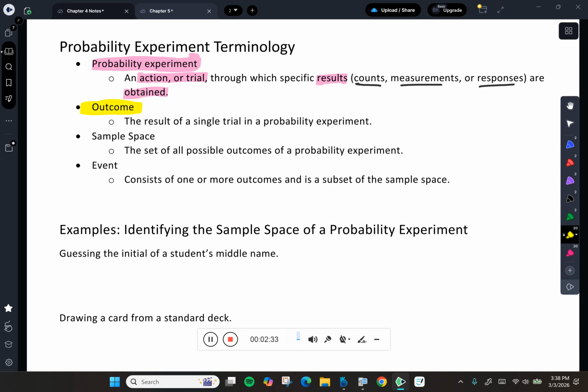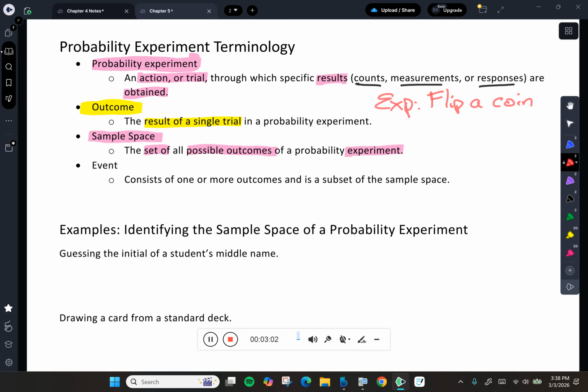A single outcome is the result of a single trial of an experiment. If you take all of those outcomes and lump them together in one big pile, we call that thing the sample space. It is the set of all possible outcomes for our experiment. So let's keep it real simple. Let's say that our experiment was to flip a coin.